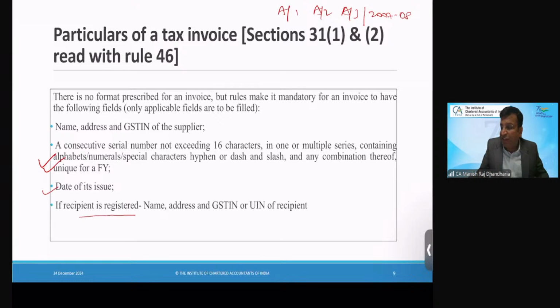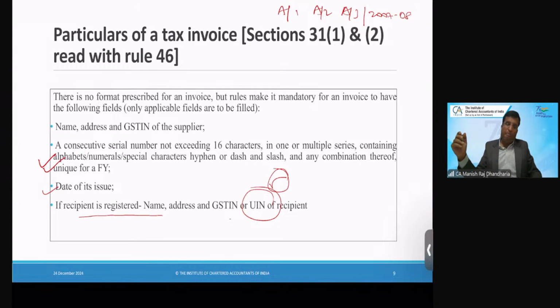If recipient is registered, then name, address, and GSTN or UIN. Do you know what is UIN? यूनिक आइडेंटिटी नंबर. ये जिनके पैन नहीं होते, एम्बेसीज वगैरह, वहां पे यूआईएन होता है. आपके लिए रेलेवेंट नहीं है. तो अगर रेसिपिएंट रजिस्टर्ड है तो उसका नाम, एड्रेस एंड जीएसटी नंबर you have to mention. Okay, otherwise he won't be able to get the credit.